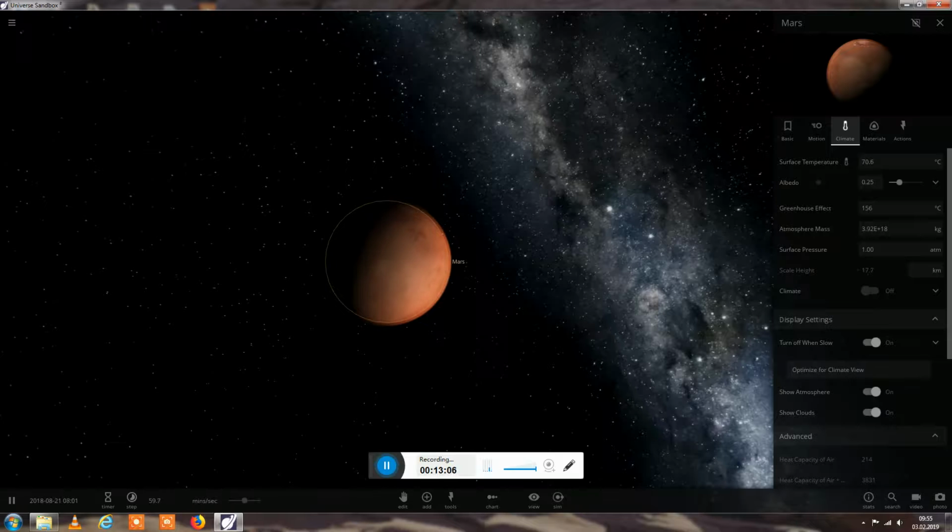This whole process of sending CO2 from Venus to Mars should take a few decades or centuries.